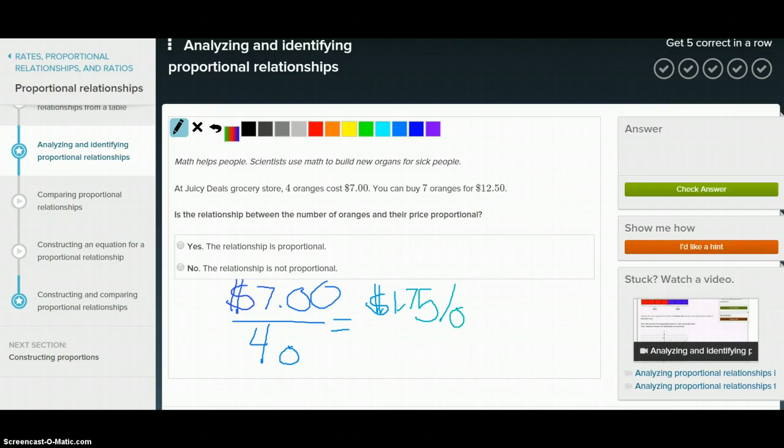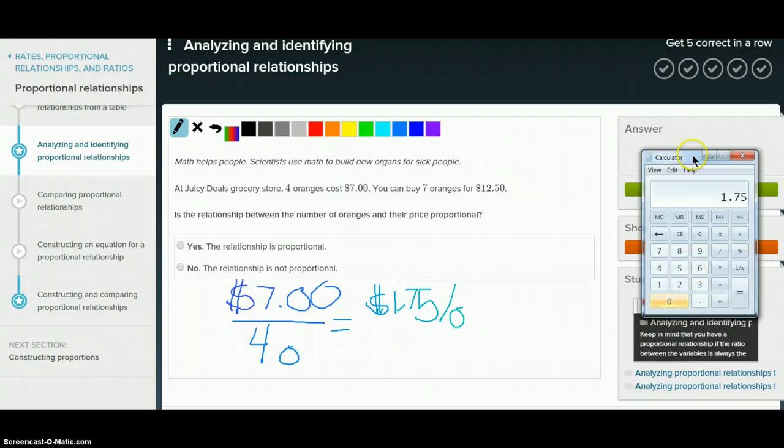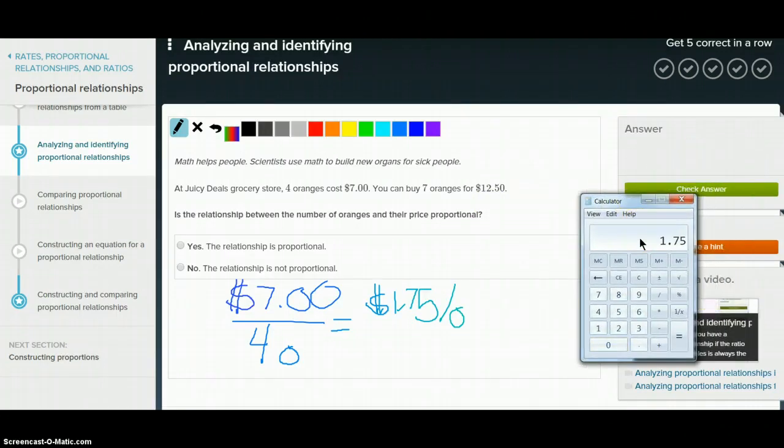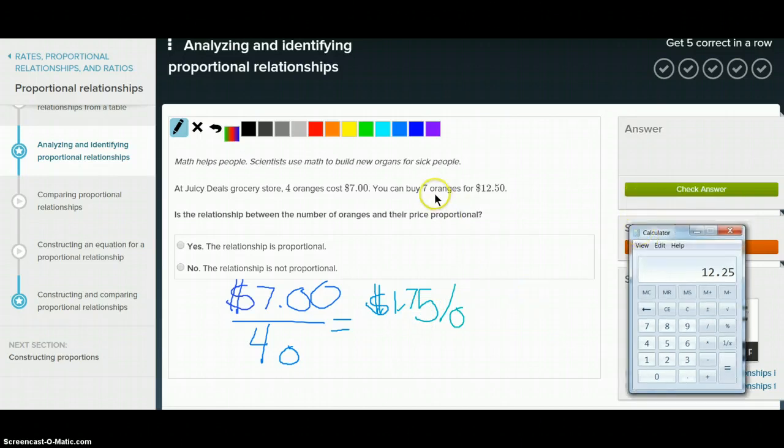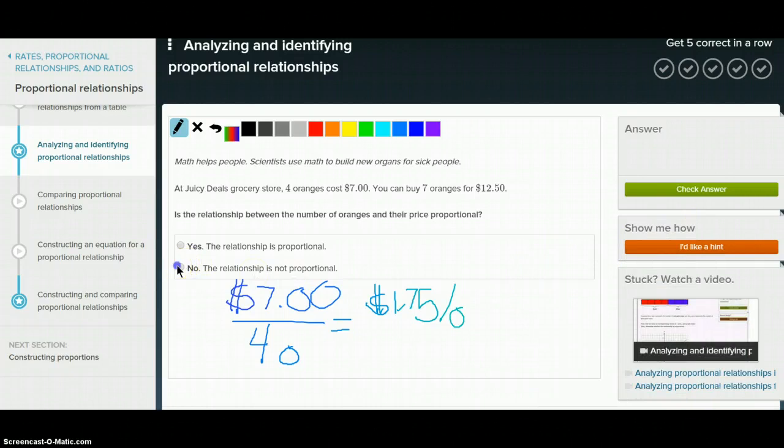It's not going to be proportional. So let's pull out our calculator again, and we're going to multiply that by 7. Okay, so the price for oranges is not the same. Okay, so we know it's not the same.